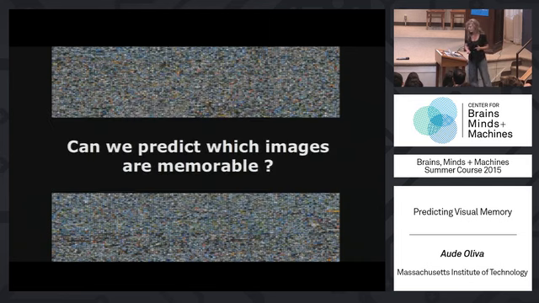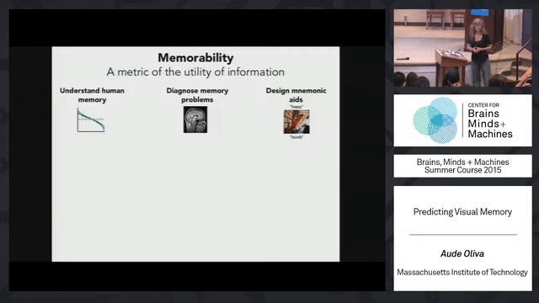The question we ask is, can we predict which image, graph, face, words, video, piece of information or event is going to be memorable or forgettable for a group of people and eventually for a given individual?